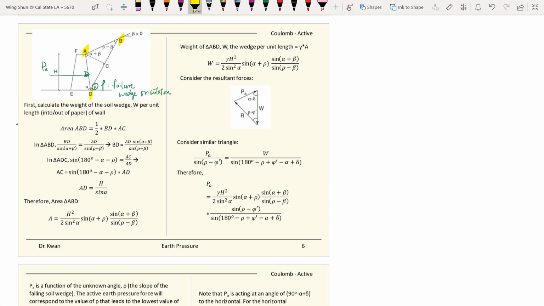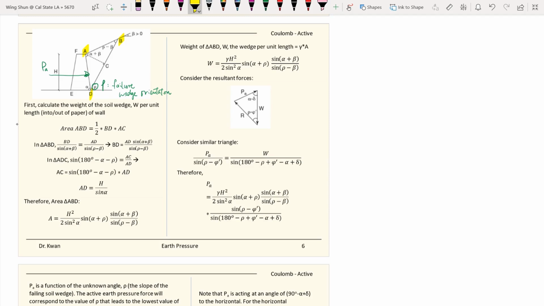Now the size of BD will be in terms of alpha and beta, and also the unknown rho. In triangle ADC, which is another right angle triangle, we can express AC in terms of AD and the angles alpha and rho.